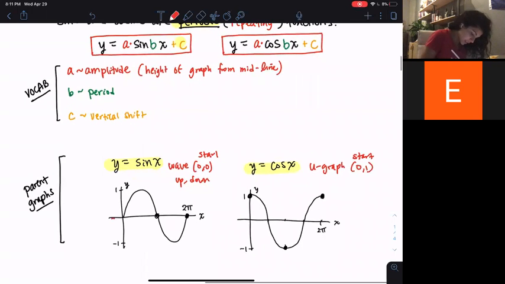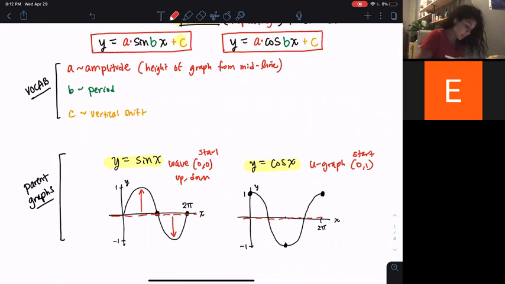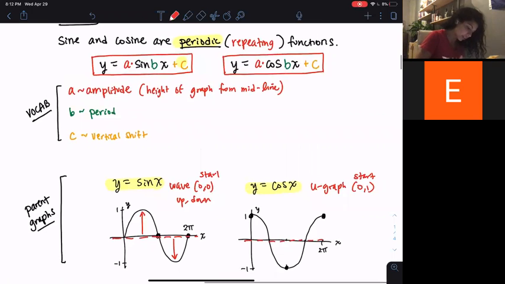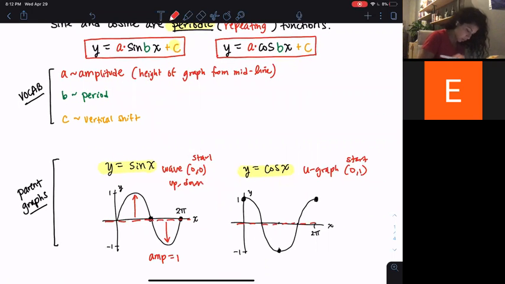So if this is our midline, right, this is our midline here, the height of the graph from the midline, you can see that it's 1. It goes up 1 and it goes down 1. So the height of the graph from the midline here, the amplitude equals 1.